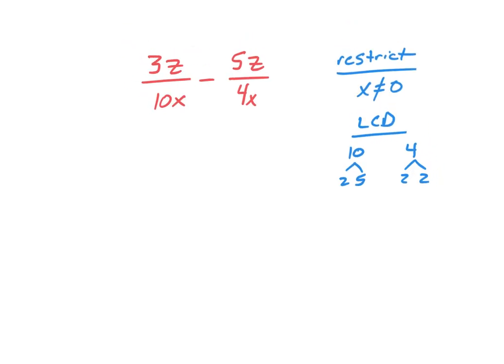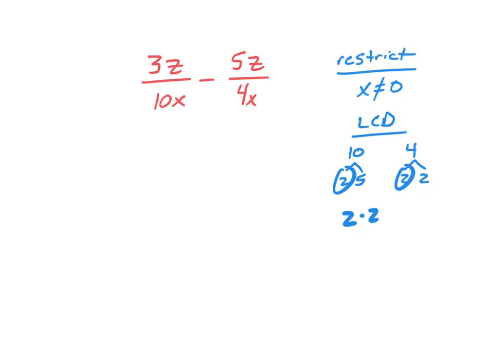In order to do the LCD here, we're going to multiply everything. They already have a 2 in common, and then we also have a 2 and a 5. So the 2's are in common.